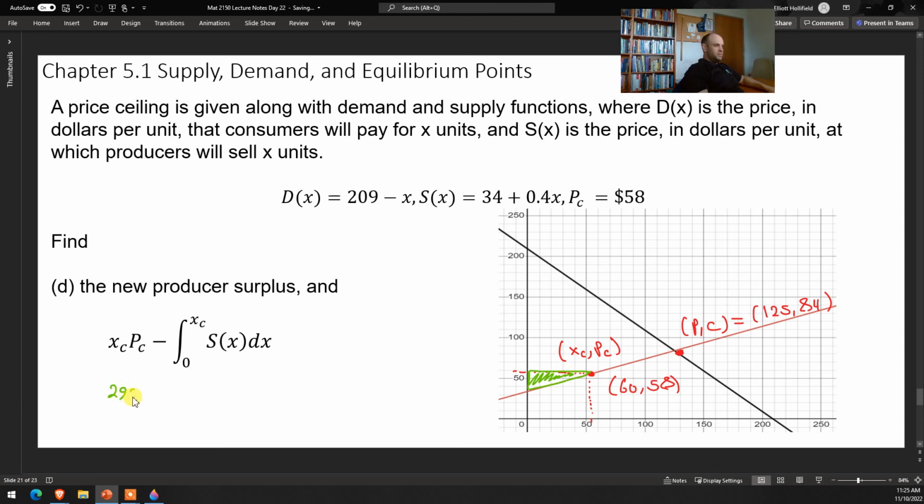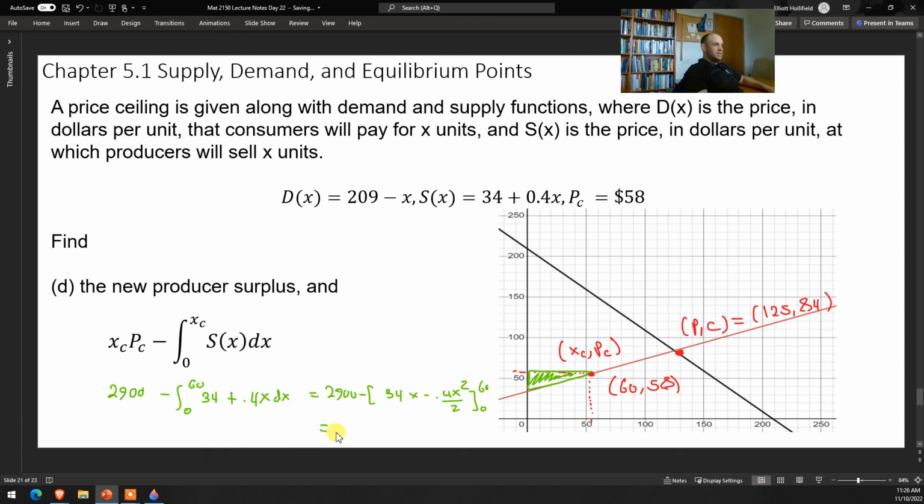That is, we compute 2,900 minus the integral from 0 to 60 of 34 plus 0.4x. That gives us 2,900 minus the antiderivative, which is 34x plus 0.4x squared over 2, evaluated from 0 to 60.